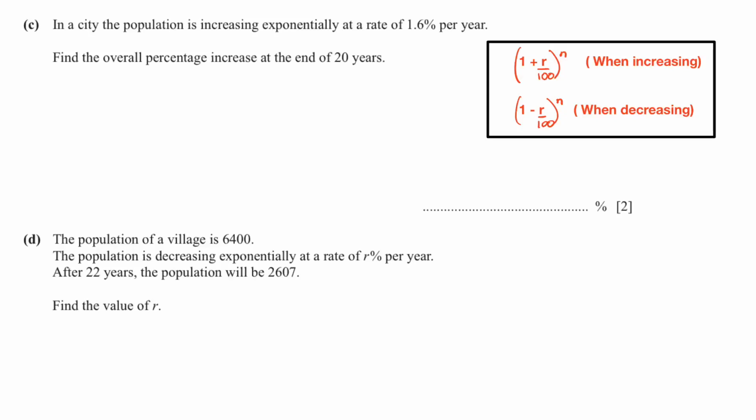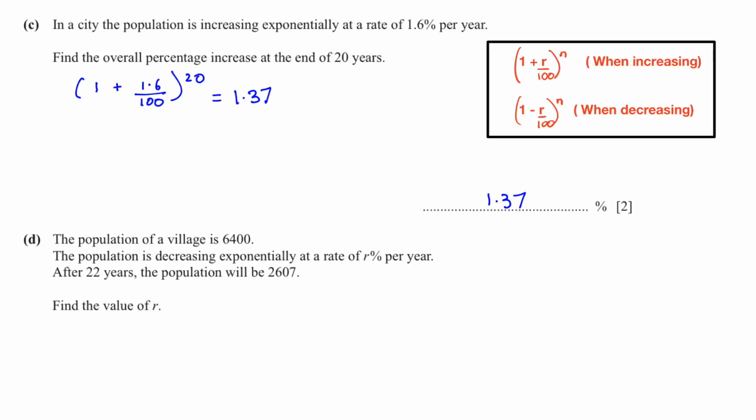R is the rate of interest and n is the number of years. If it is decreasing, we'll have a negative sign. So we have an increasing, so we will use 1 plus r, which is 1.6 over 100, to the power of 20. And this will give us 1.37. So that's the overall percentage increase.